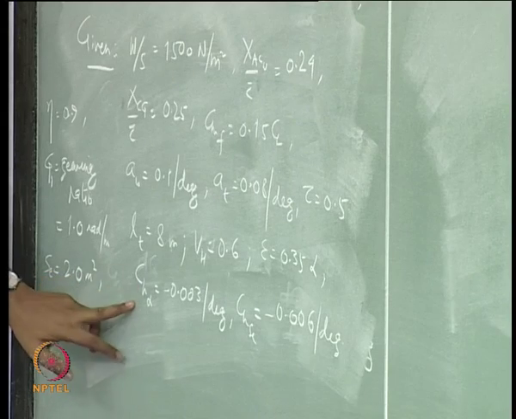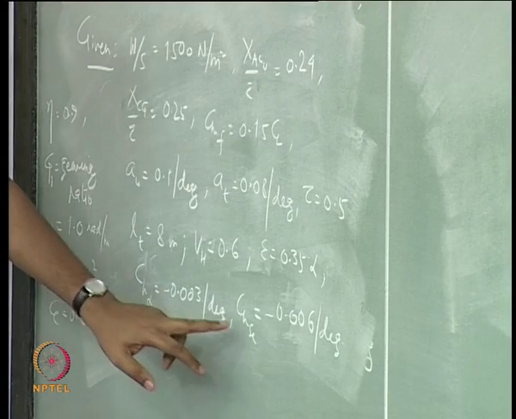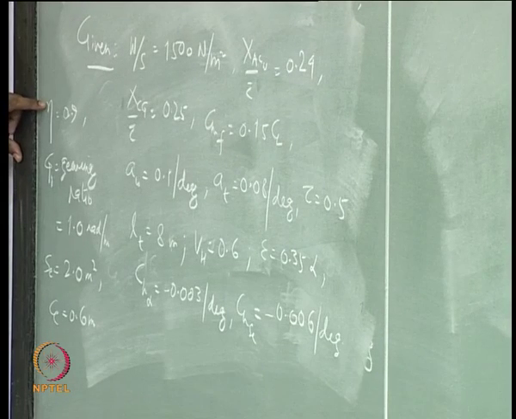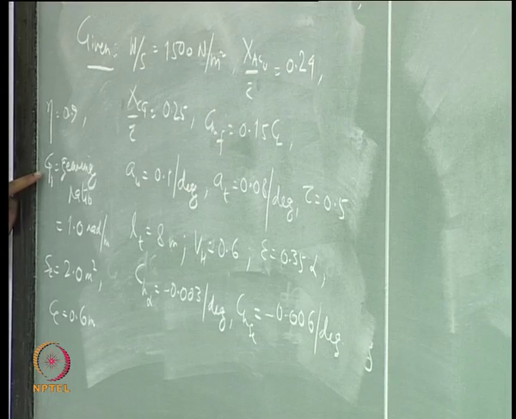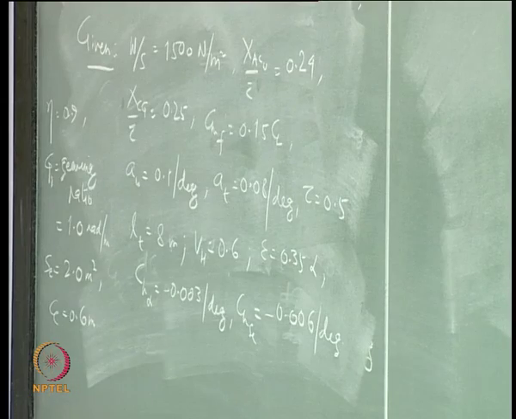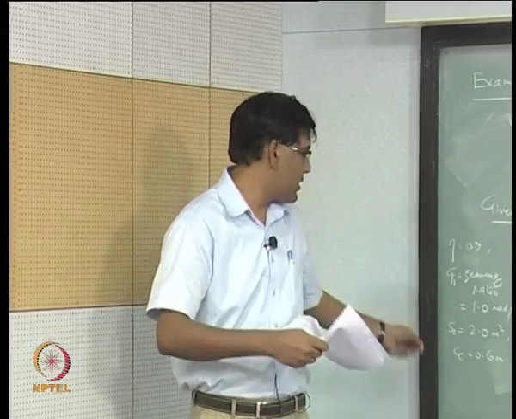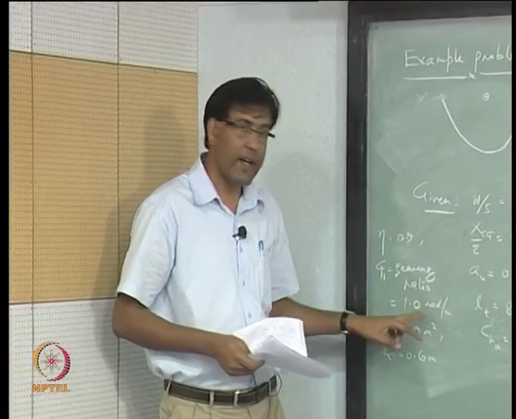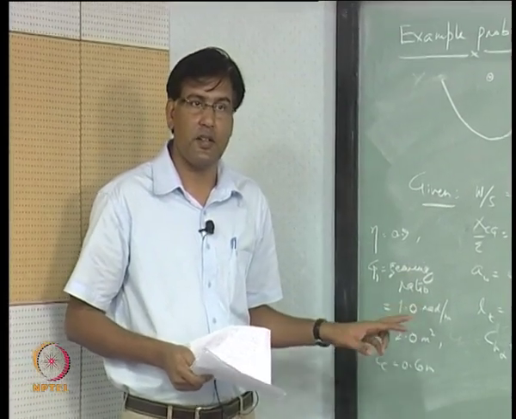This is C_h alpha and C_h delta_e, right. Tail efficiency. G1 is the gearing ratio which is connecting the stick force with the gear, right. So, that gearing ratio is this 1 radian per meter, right.